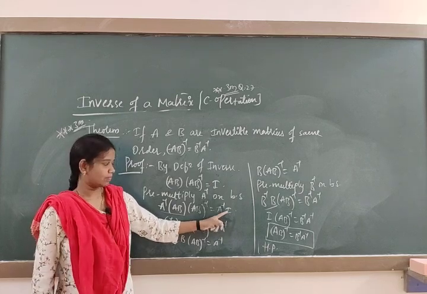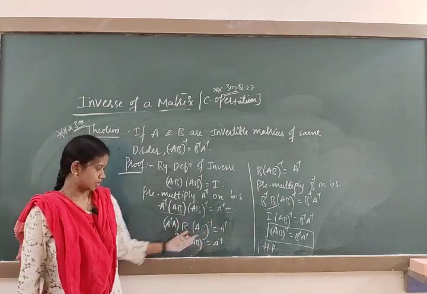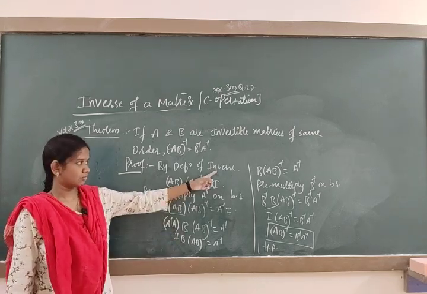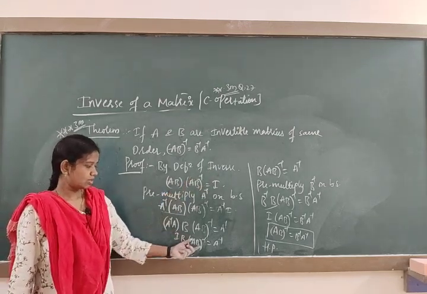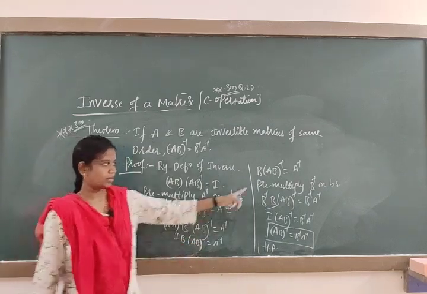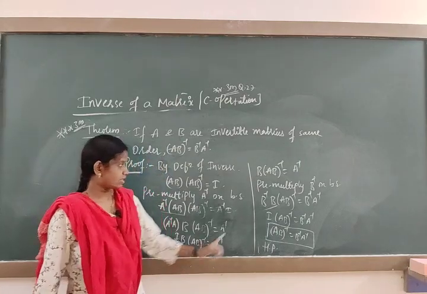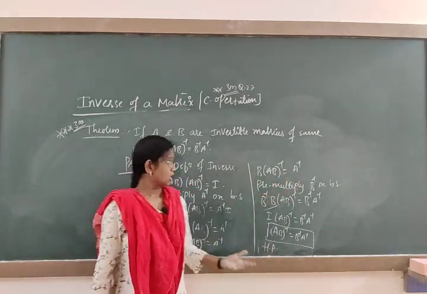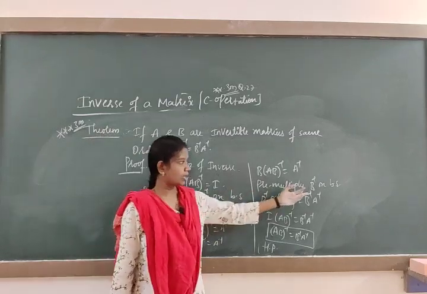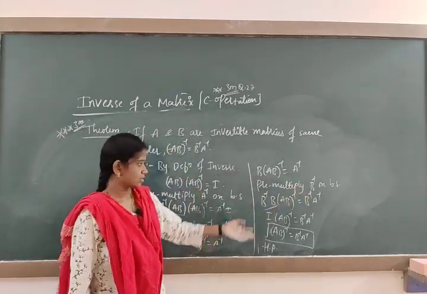Think I means 1. 1 into something is something. So A inverse into A means I, because we know the definition of inverse. This is B, this is AB whole inverse, this is A inverse. 1 into B means B, and this factor is as it is, equal to A inverse. Next, one more inverse is there in the statement, therefore pre-multiply B inverse on both sides.